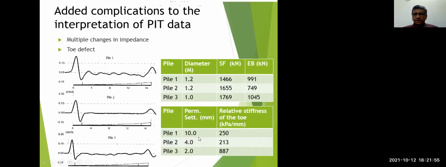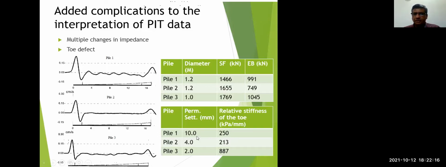If you consider the stiffness of the toe, there's a way from the PDA to get the stiffness of the toe. And you can see that during the dropping of the large hammer onto the pile, it deflected.